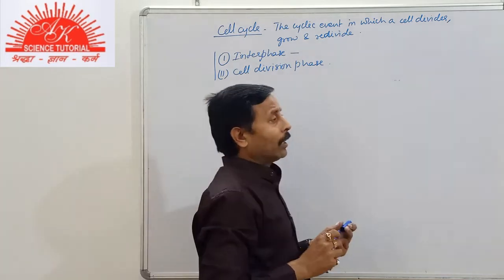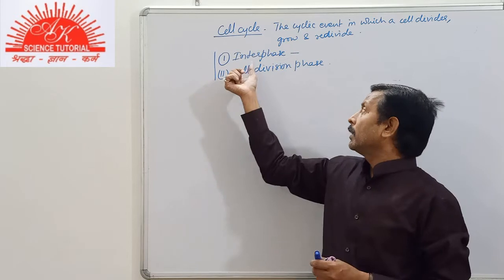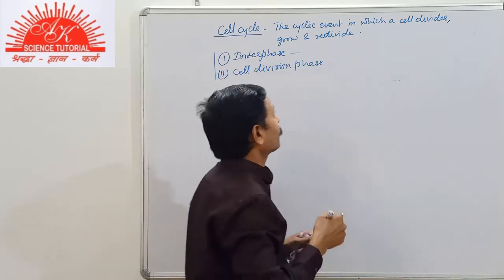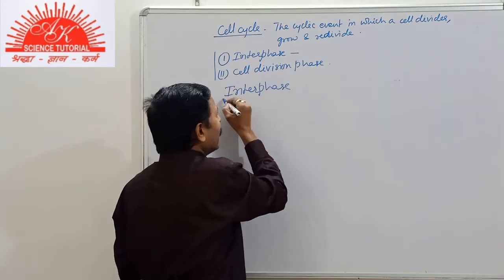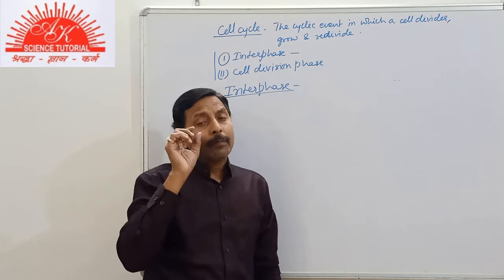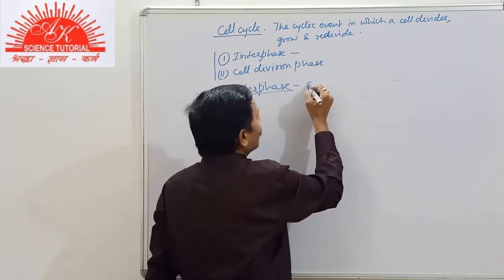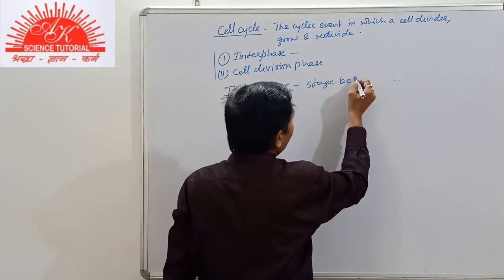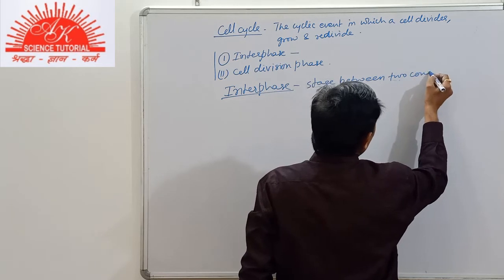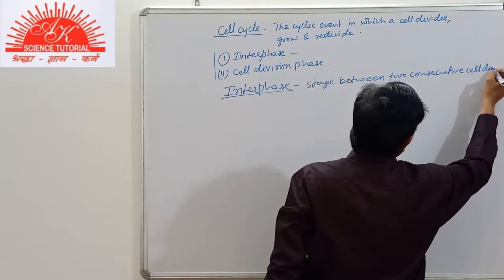First of all we will study the changes taking place during interphase, and then we will study cell division. As the name suggests, interphase is the phase between two consecutive cell divisions.